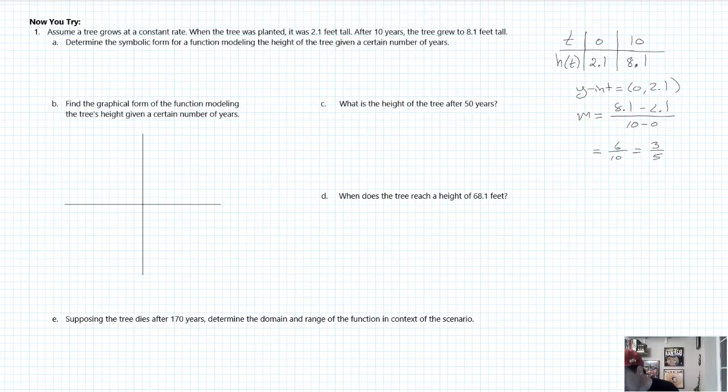So with this, we can put that together and say that the height of the tree, h of t, equals 3/5 t plus 2.1. Let's be careful to note that the output is the height, and that's in feet, and the input is time in years.